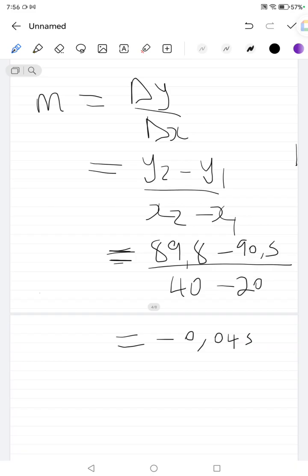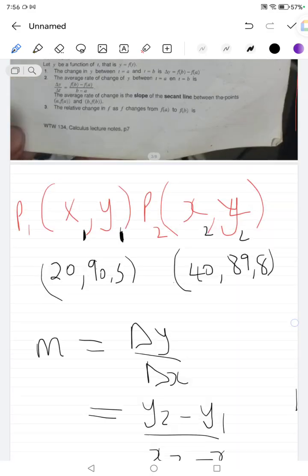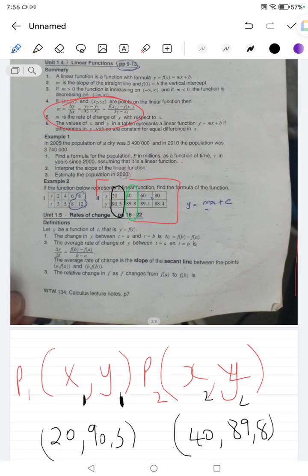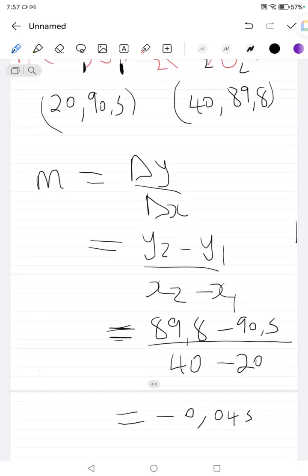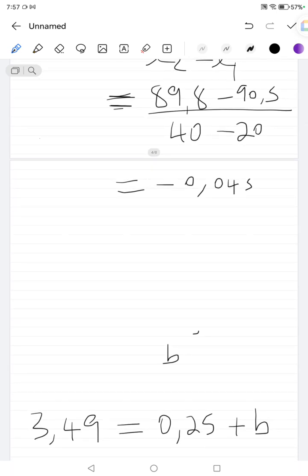Yeah, but then remember I only used this to this side. So indeed, if you want to confirm that it represents a linear, you can go and use your 60 and 40 and see if you're still getting the same gradient, because if it's linear you still have to get the same gradient.